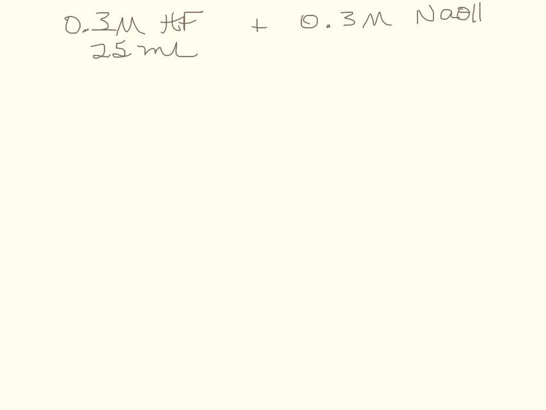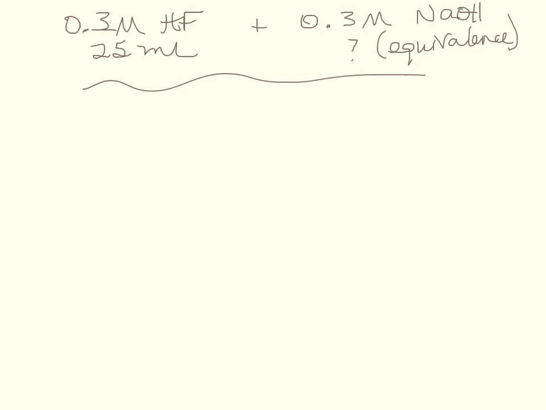So the problem told us that we had 0.3 molar hydrofluoric acid, and it told us that we had 25 milliliters of that. And we combined that with 0.3 molar sodium hydroxide, and let's say we want to know how many milliliters of that it would take to reach the equivalence point.